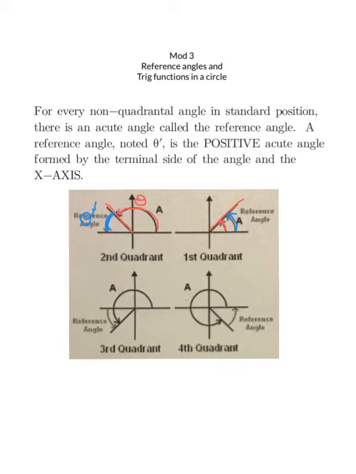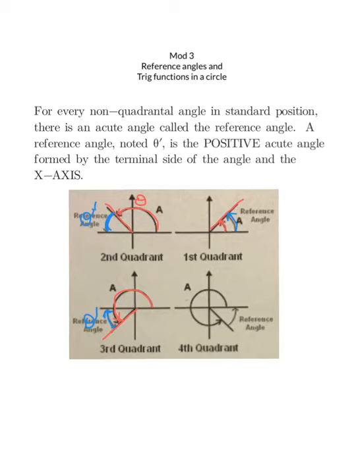If your original angle terminates in quadrant 3, so here's our terminal side, your reference angle goes from that terminal side to the x-axis in that quadrant. So we're going to go up from the terminal side to the x-axis. There is theta prime.